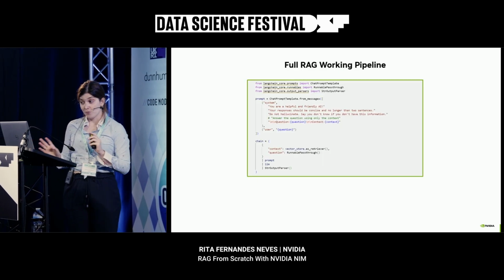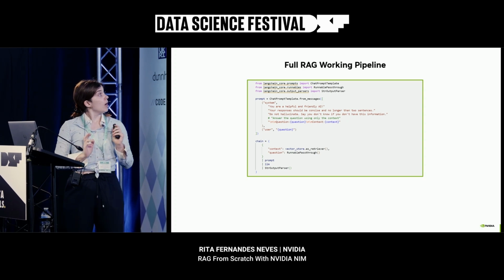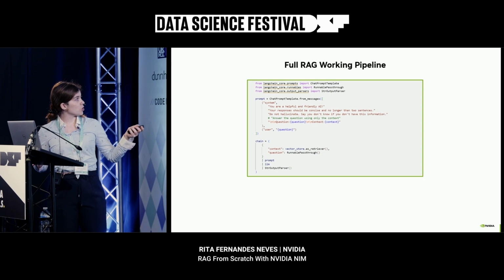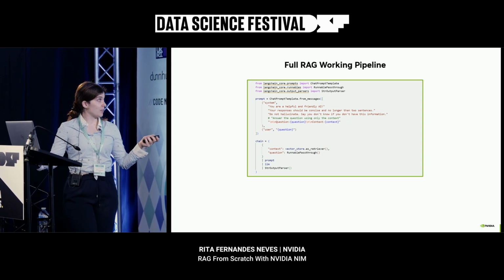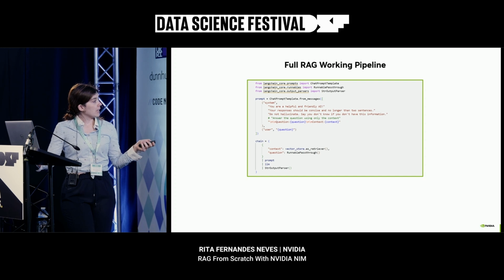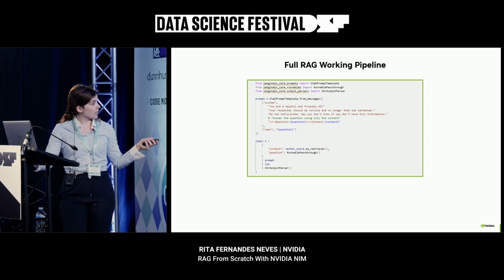So finally, we have a full RAG working pipeline, and this is going to be where my talk ends. Essentially, you have exactly the same thing as you had before, which is a prompt, where you have, again, you are a friendly AI and do not hallucinate, which is a very stark order. And the very big difference here is that in LangChain, for you to code RAG up, you are adding a context, which is the vector store as a retriever.